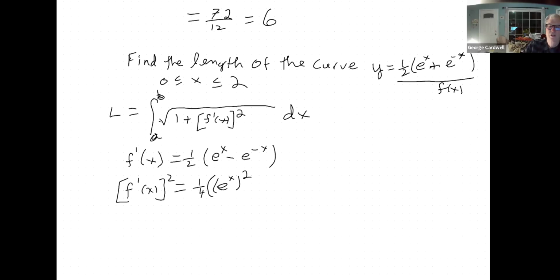So e to the x squared is really e to the 2x.